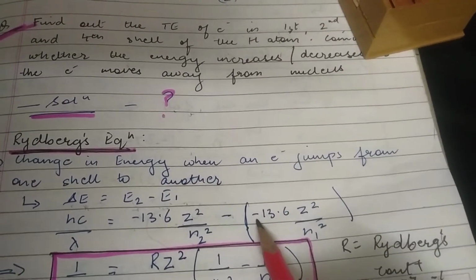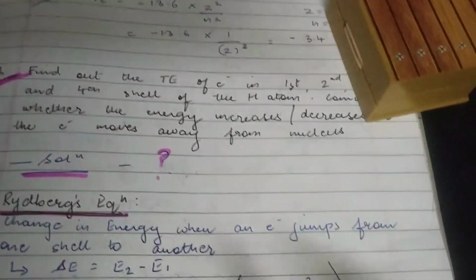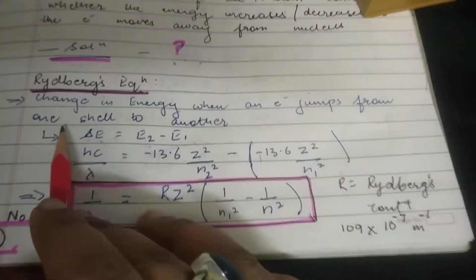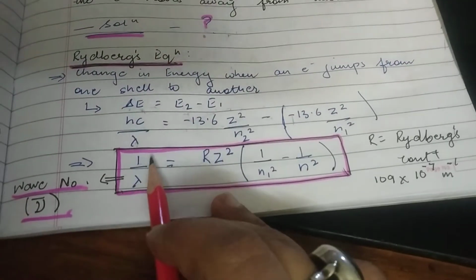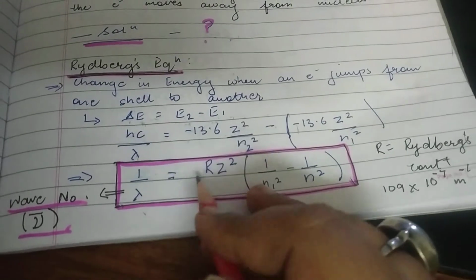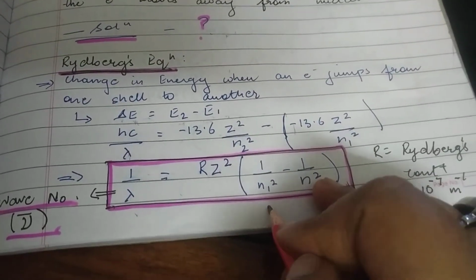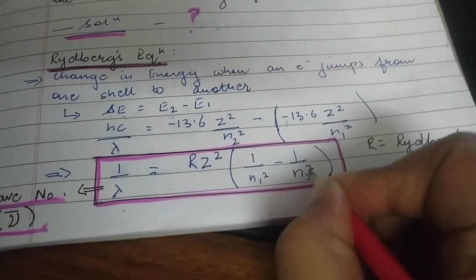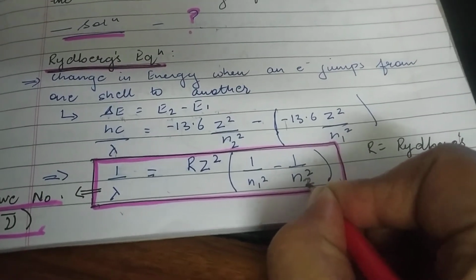E1 would be, again with a minus, since the expression for total energy is minus 13.6 Z square upon N square. When we simplify this, we get a very simple expression: 1 upon lambda is equal to R Z square into 1 upon N1 square minus 1 upon N2 square.